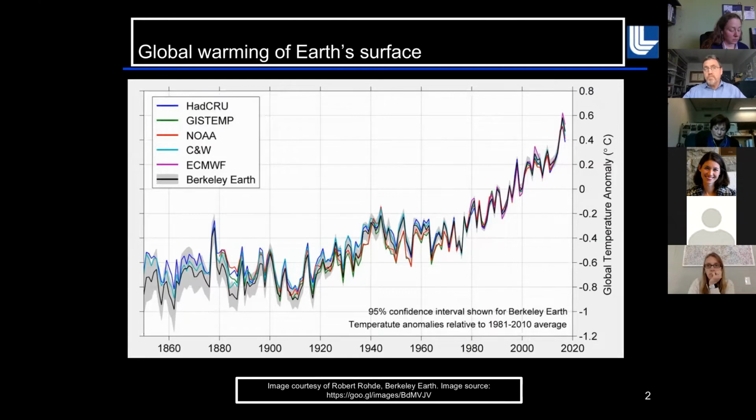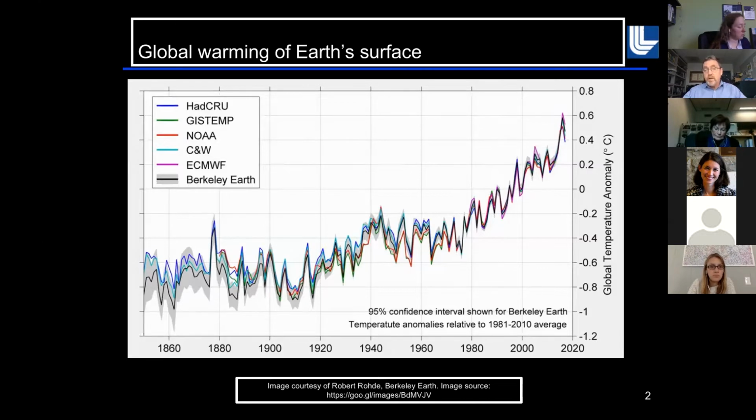These are from different groups, a group in the UK, the Hadley Center, and the Climatic Research Unit, that's the blue line, a group at the Goddard Institute for Space Studies in New York, a NOAA group in Asheville, another UK group, C&W, Cowtan and Way, and a group at the European Center for Medium Range Weather Forecasts, and then the Berkeley group itself.